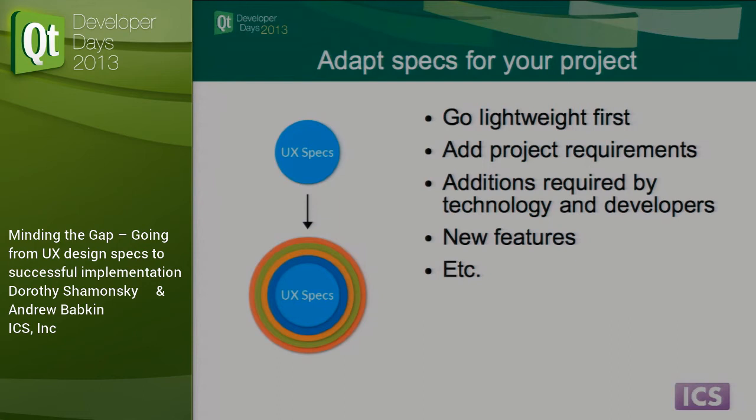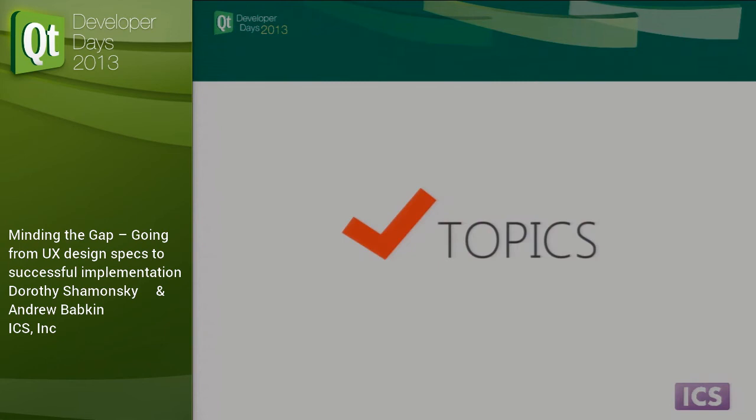And just to show you an example, I'm going to talk about software which is an in-house project at ICS, which we develop when we have time. It's called Topics. This is powerful list management software where you can manage your projects.